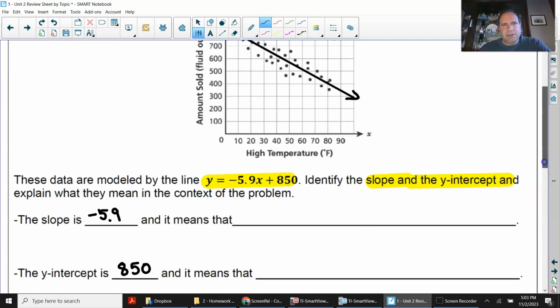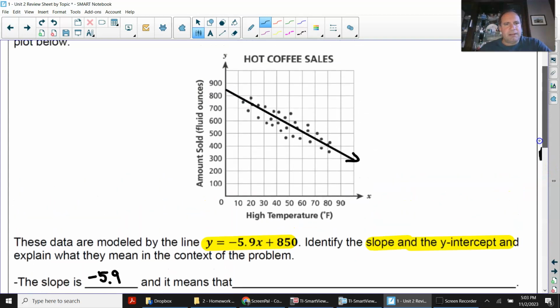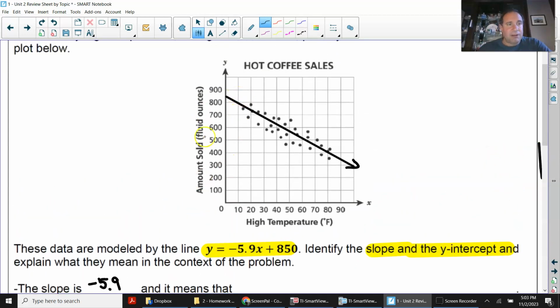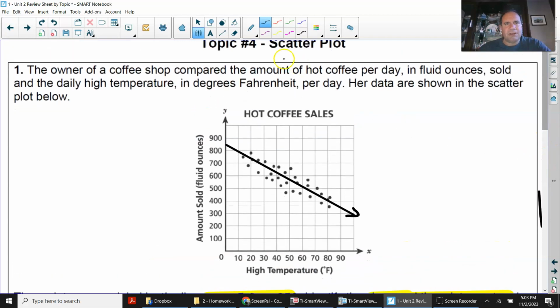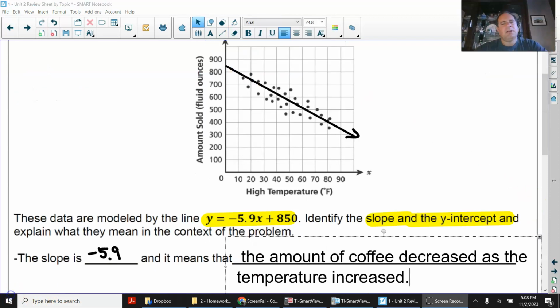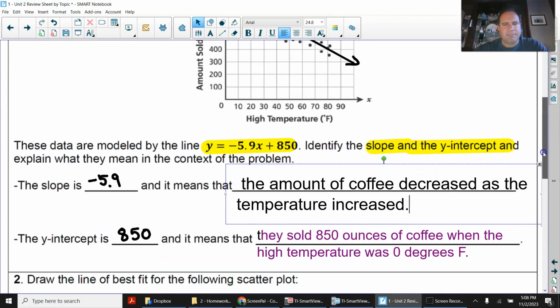So I'm just going to say, all right, so the 850, I'm going to look at my scatter plot. The amount sold in fluid ounces. The starting amount sold in fluid ounces. Okay, so the slope here is negative 5.9.